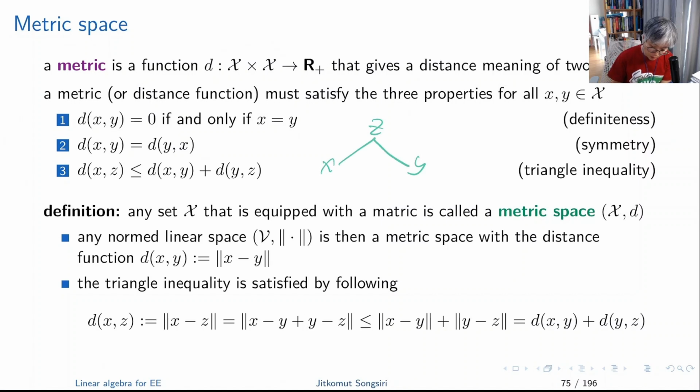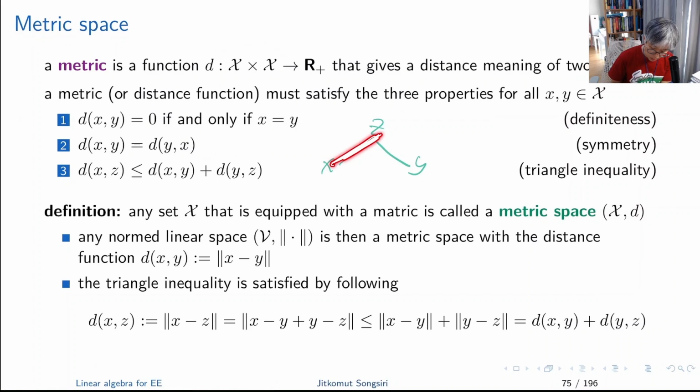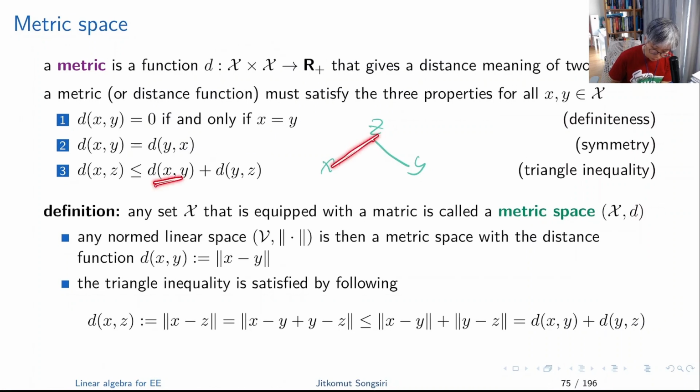If you measure the distance between x and z, it should be less than or equal to the distance between x and y plus y to z. This is the triangle inequality. Any vector space X that has a metric defined is called a metric space.